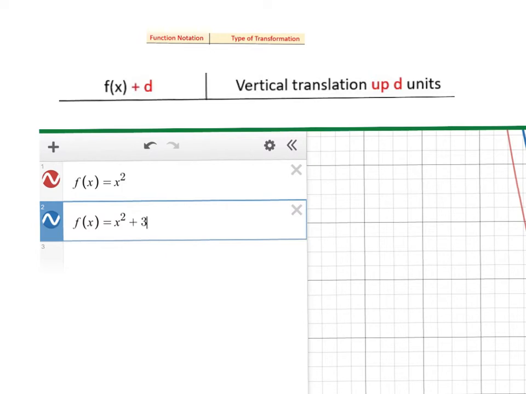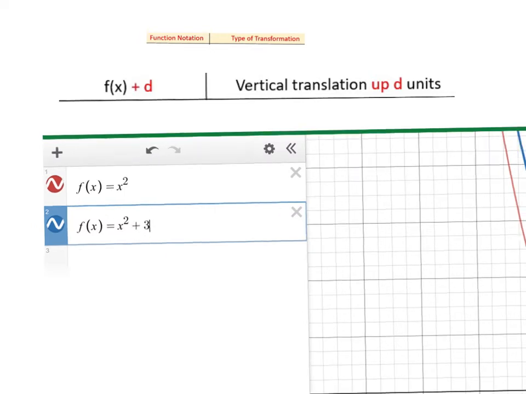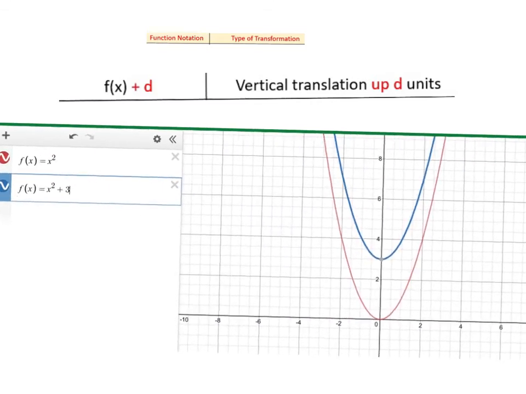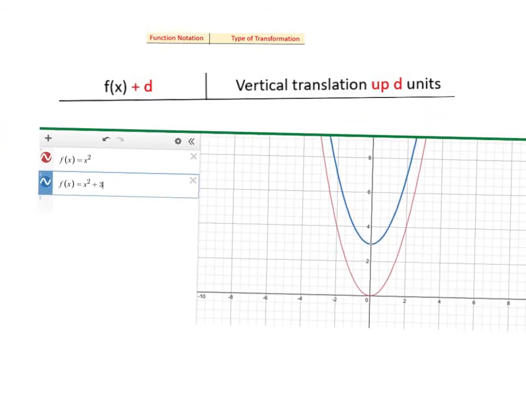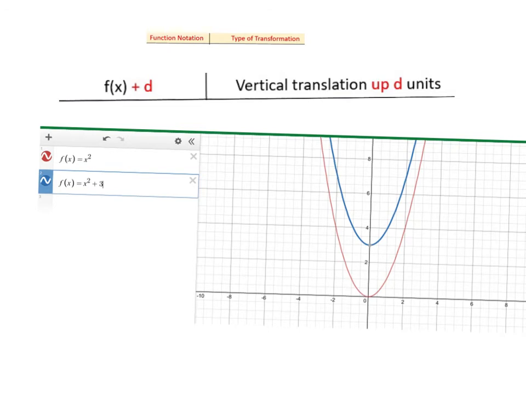Now remember, this is outside the parentheses, so it's a vertical change. Let's look at what happened to the graph. You see we have the original in red, and we just added 3 units, so it shifted up. It's a vertical shift up 3 units.